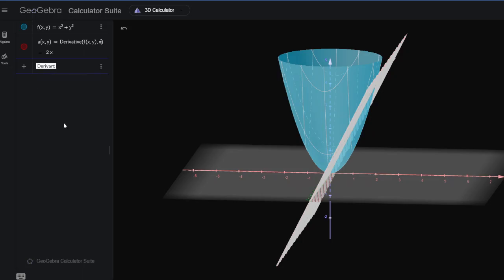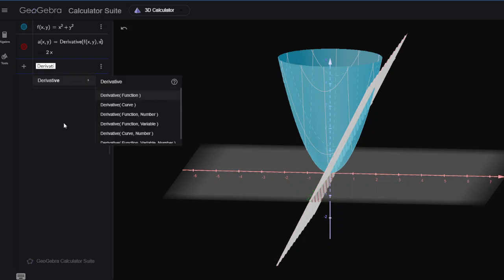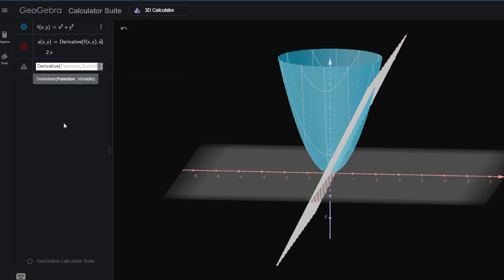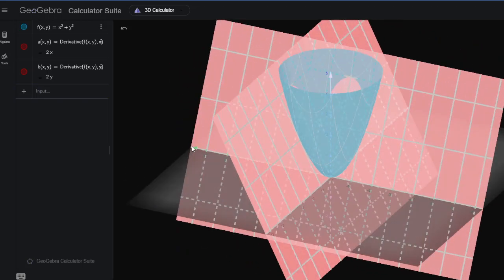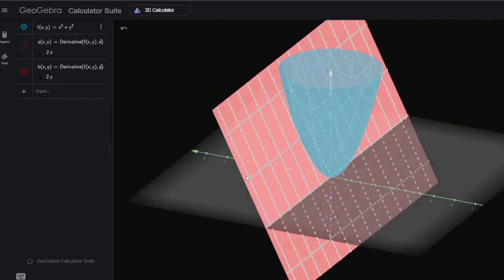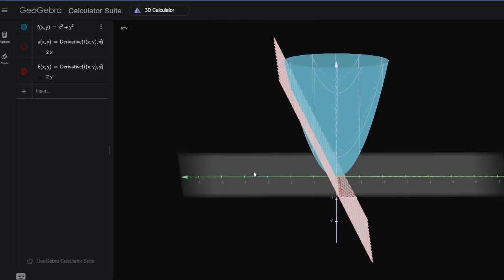So then we can do the derivative with respect to y here, and we'll get the 2y for that one. So these are kind of overlaid on top of each other now. So I'll turn off the last one, and you can see how that one looks.